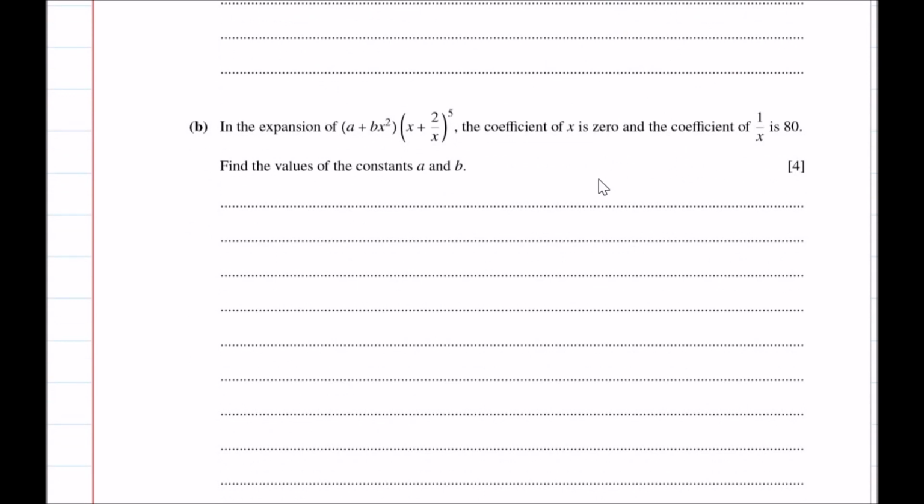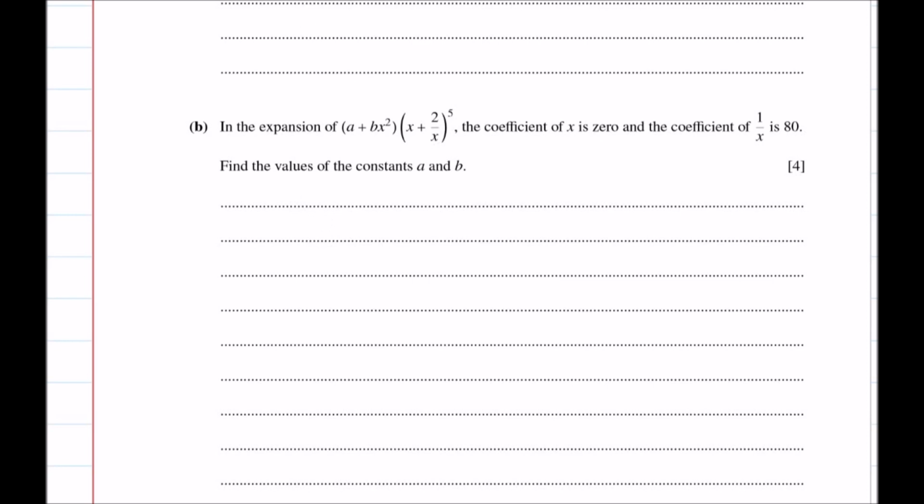Now let's go to the next part. In the expansion of (a + bx square) times (x + 2/x) raised to the power 5, the coefficient of x is 0 and the coefficient of 1 by x is 80. Find the values of constants a and b. Let us write what is given here.